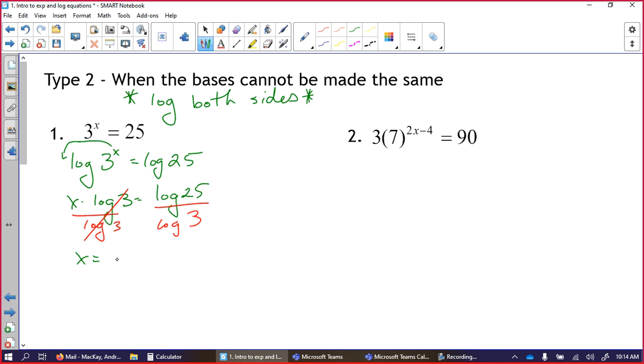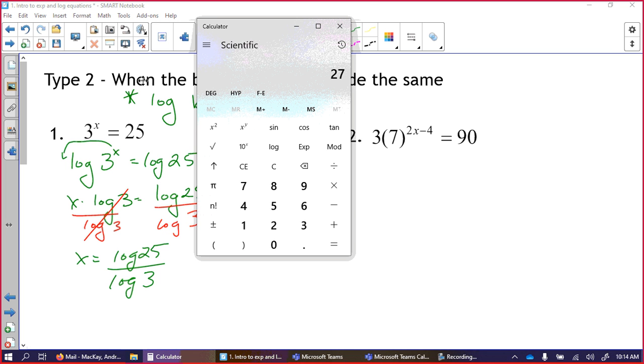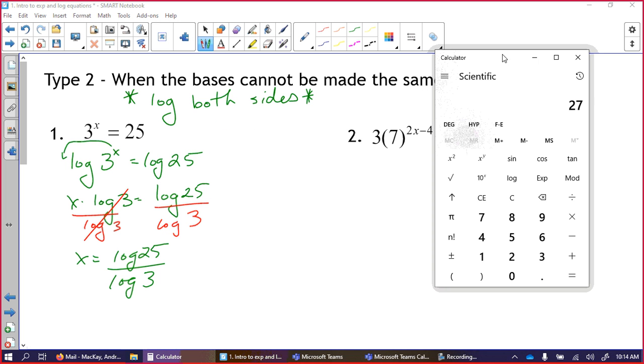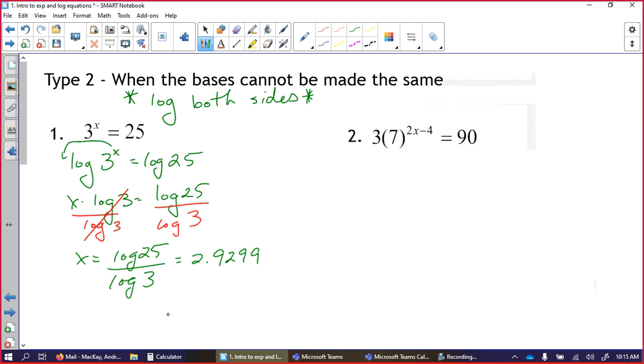X equals log of 25 divided by log of 3, which equals 2.93, whatever you want to do there.